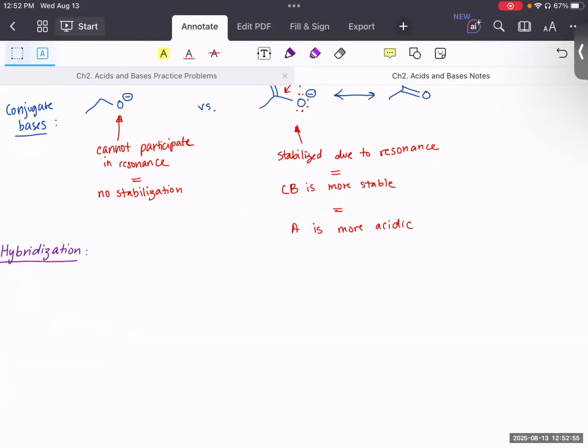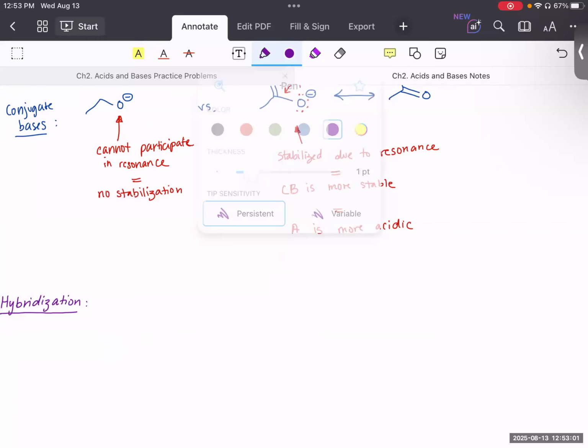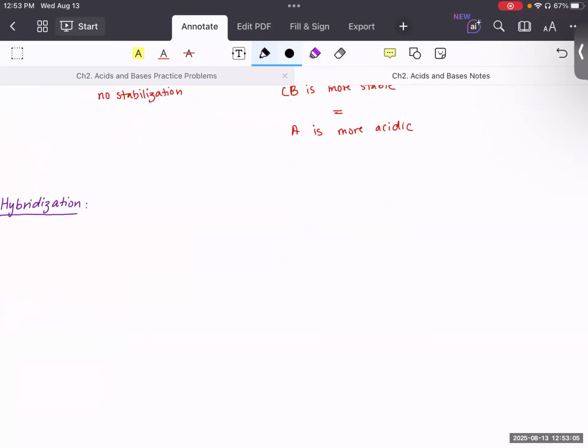All right, let's do this last one. So this would be the hybridization effect. And for this one, I'll show a few examples in a second, but first I'll write it down in words.